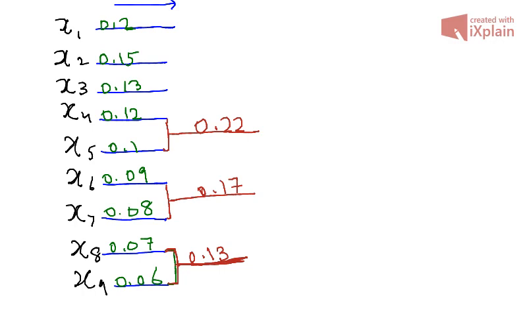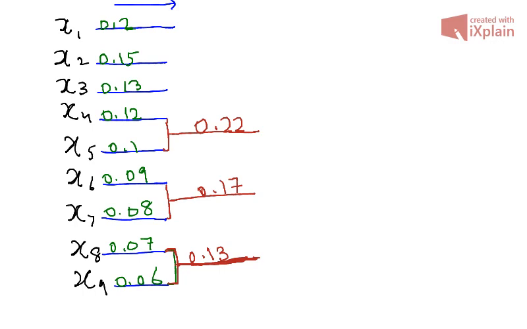Now we have to choose the next two least probable branches. Now you can see x3, which is 0.13, x2 is 0.15, but x3 would be merged with this last branch, which is 0.13. It is less than 0.15.